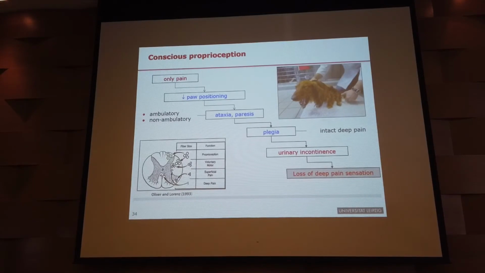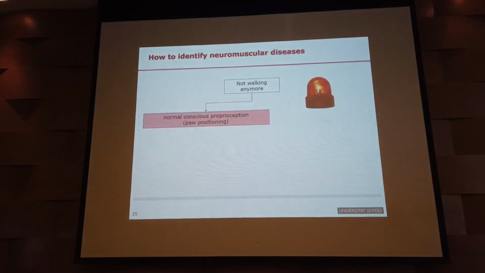Why am I showing that image when we talk about peripheral nervous system disease? If you have a patient that cannot walk anymore, just can't get up, you do your neurological examination and you find that that patient has normal conscious proprioception, then it's probably not spinal cord disease.